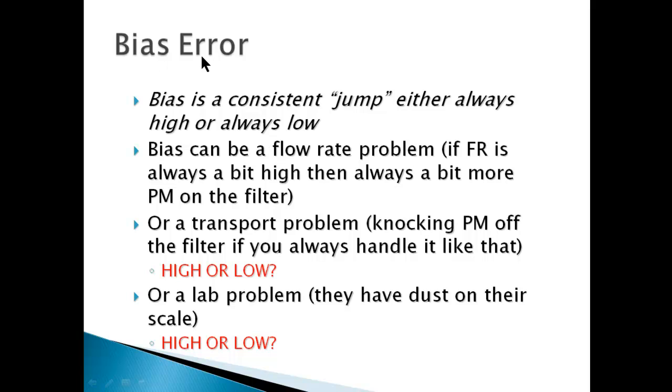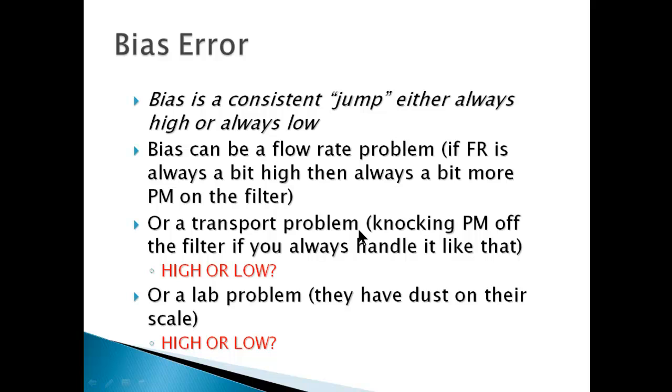Okay, bias. Remember, bias is a consistent jump, either always high or always low. In this case, we're talking about flow rate. Again, if the flow rate is always high, then there's always going to be a little bit more particulate matter on the filter. Bias could also happen as a result of a transport problem.